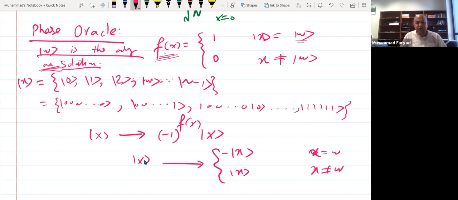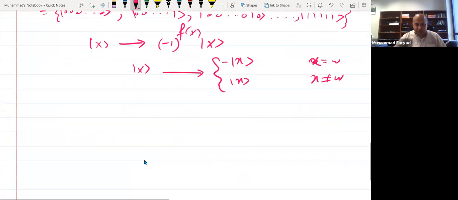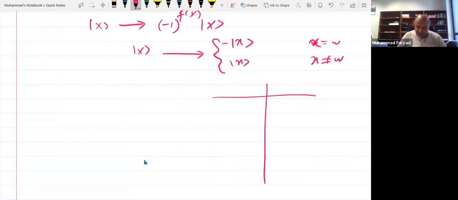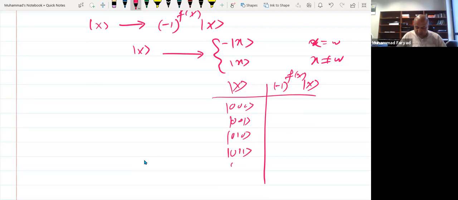And since there is only one solution, it happens only for one value, which means if I prepare the truth table, and suppose this is your x and this is your (-1) to the power f of x, and let's say this one is the solution.